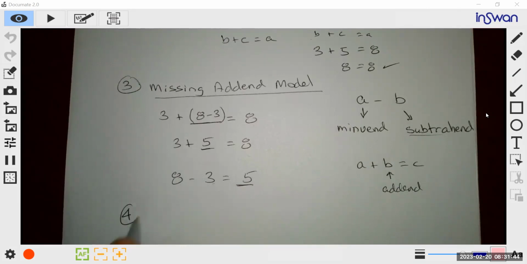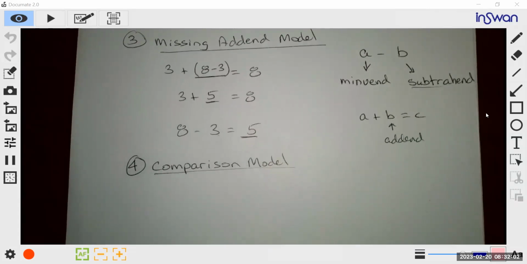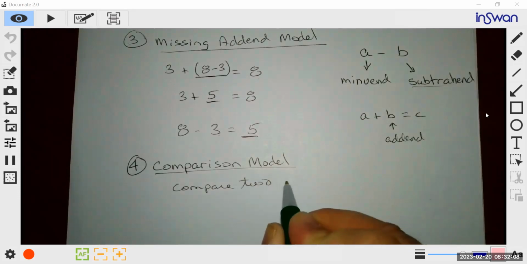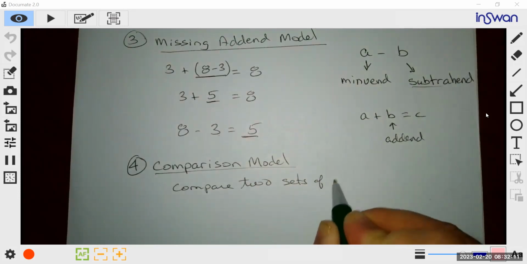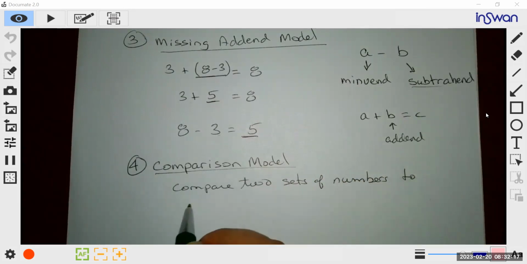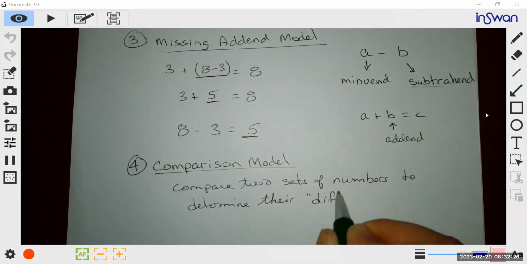And the fourth model is the comparison model, where you compare two sets of numbers to determine their, what I'm going to call difference.